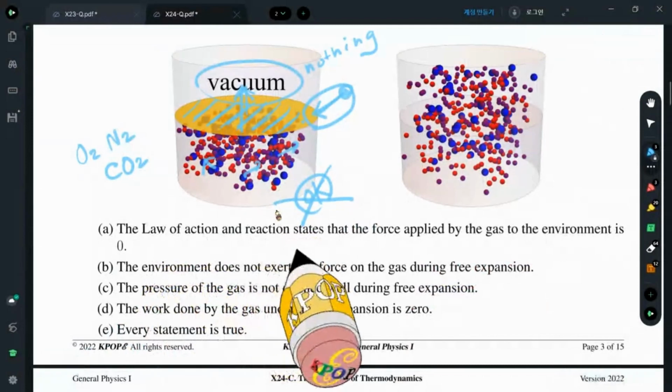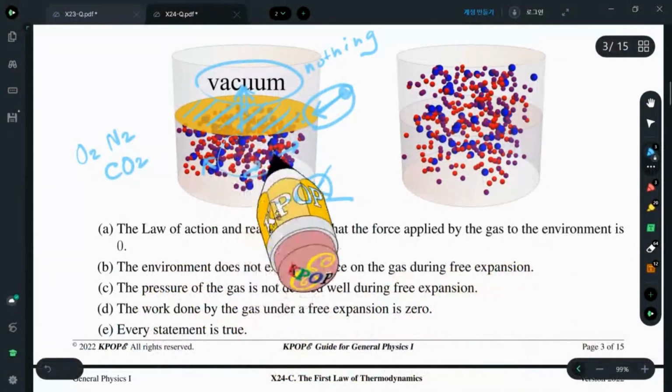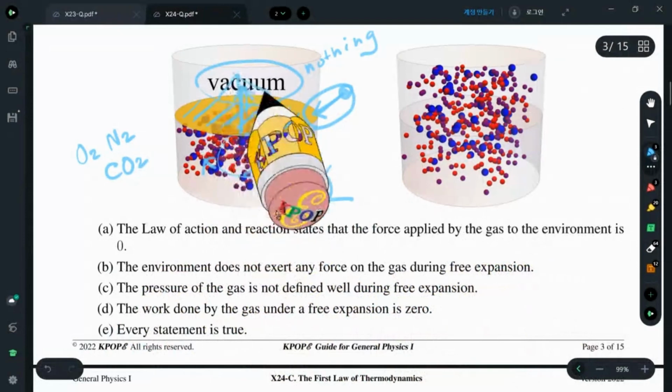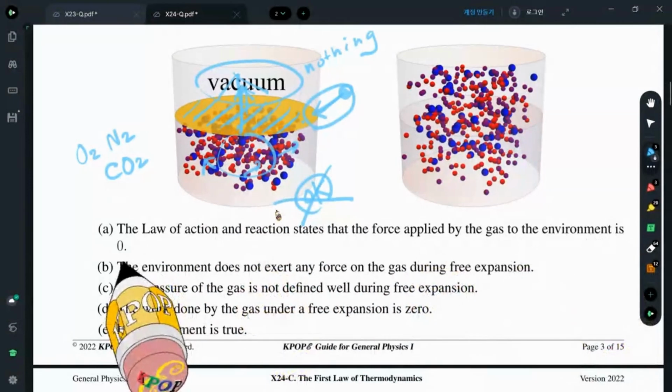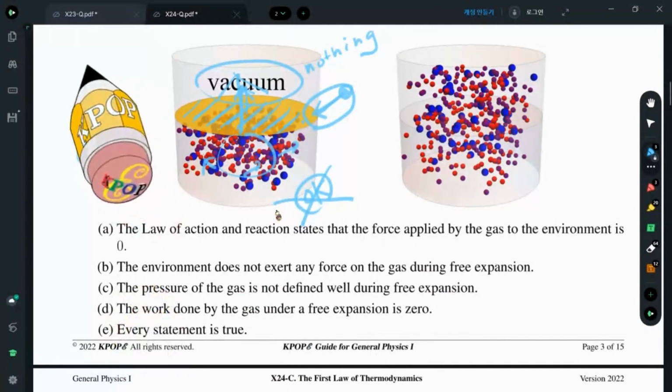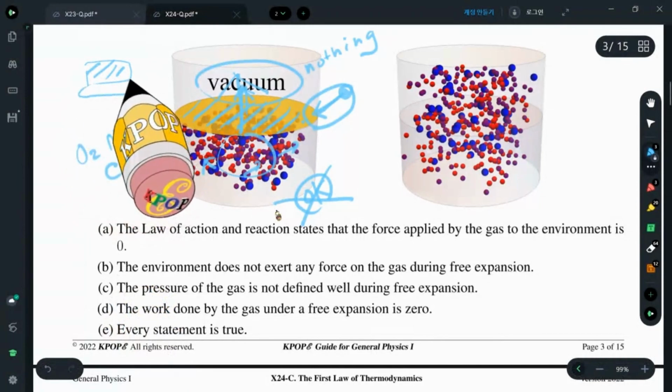The law of action and reaction states that the force applied by the gas toward this direction to the environment is zero. Okay. You have a massive object, your hand.